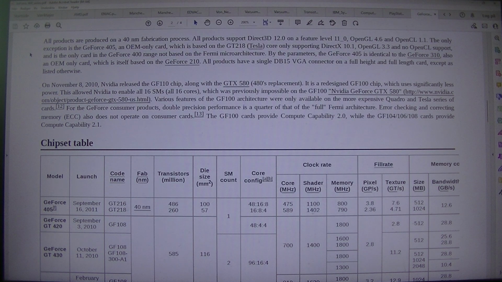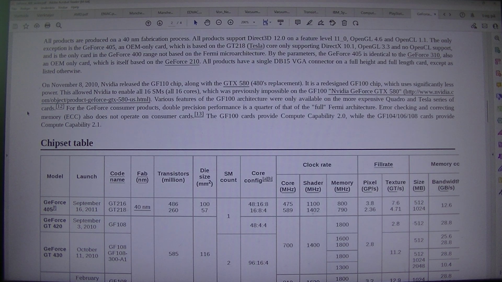The only exception is the GeForce 405, an OEM-only card, which is based on the GT218 Tesla core only supporting DirectX 10.1, OpenGL 3.3 and no OpenCL support, and is the only card in the GeForce 400 range not based on the Fermi microarchitecture. By the parameters, the GeForce 405 is identical to the GeForce 310, also an OEM-only card, which is itself based on the GeForce 210.